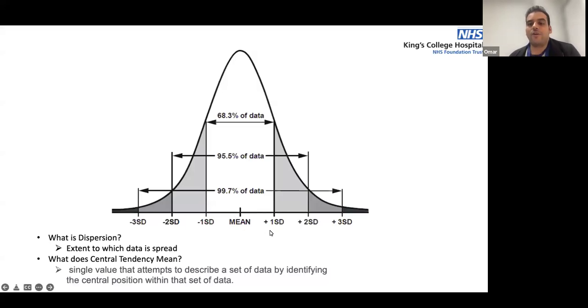So a good example: say you have data points between 1 and 2, and most of the data is around 1.5, but you have a couple of points that are at the extreme ends. The variance for that is very different to data points where it is dispersed evenly between 1 and 2.